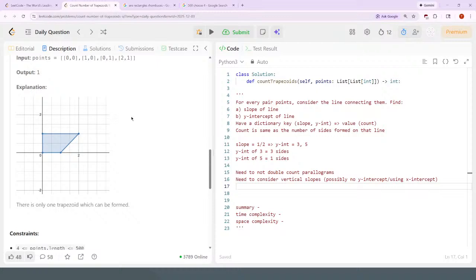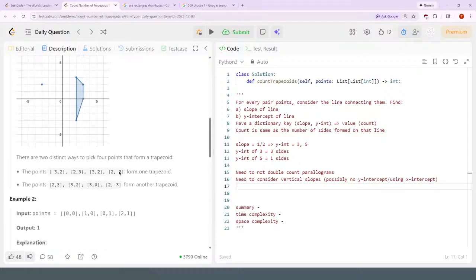Because only then I would be able to backtrack to figure out whether or not they're also forming another set of parallel sides in the other way. Only one trapezoid can be formed.